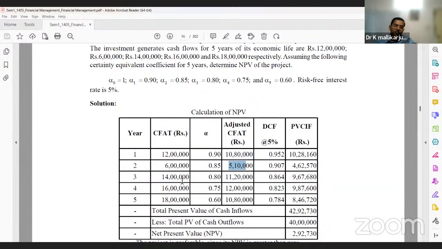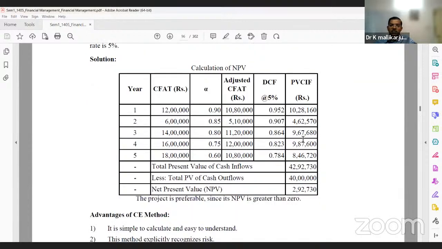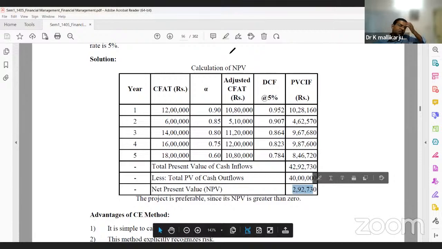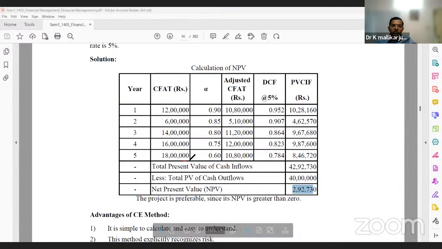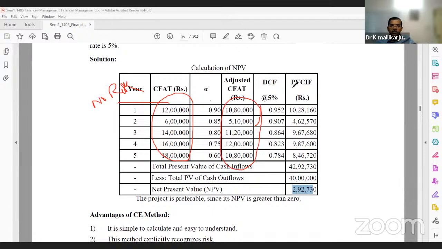Estimated 14 lakhs, but if anything goes wrong, the firm at least gets 11,20,000, which is 80%. Whereas the earlier methods, NPV and IRR, take a decision based only on the figures and do not consider risk. We assume there is no risk in the business. But these are the values after risk adjustment.